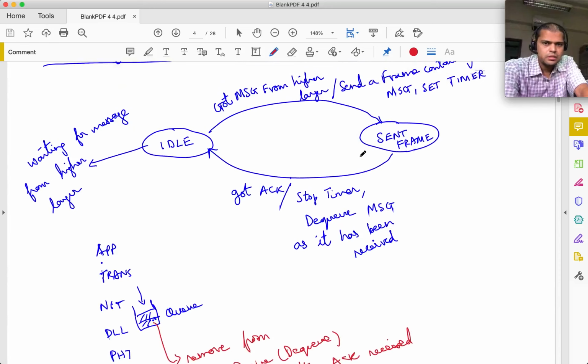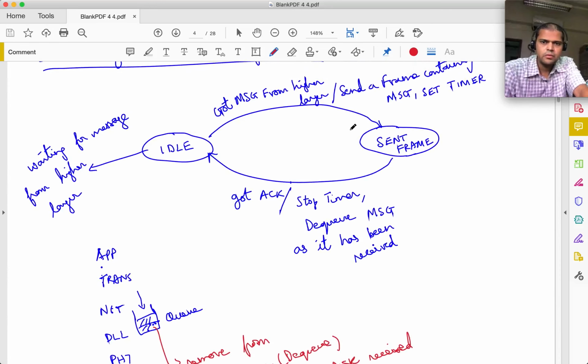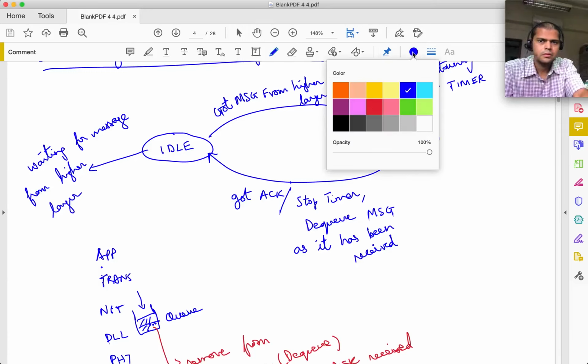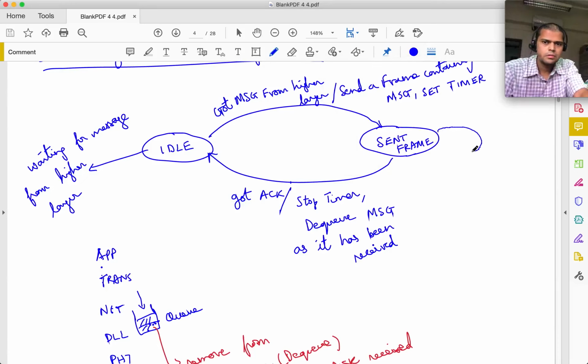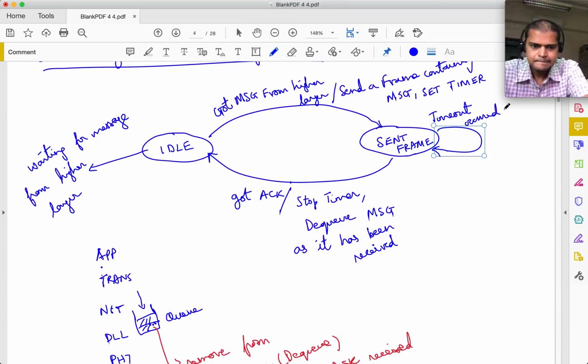Okay, so this is if everything went off correctly, but what if the timer expired before I got an acknowledgement? So let me write that here, that timeout occurred. And what do we do when this particular event occurs?